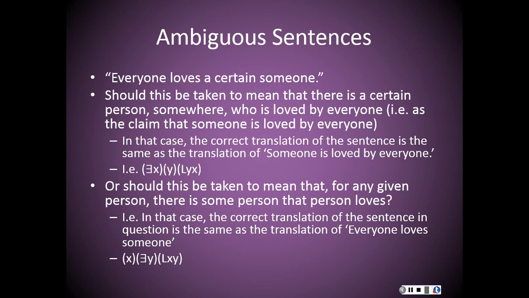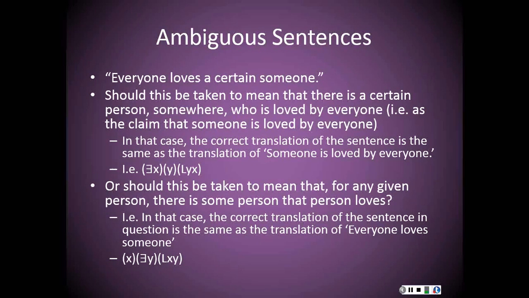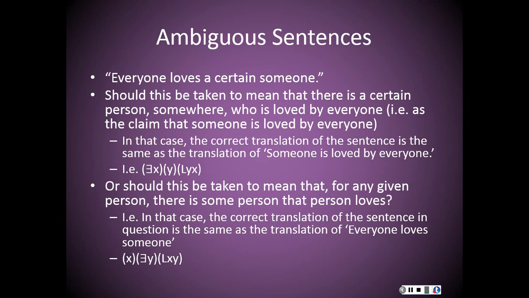That is, for any x, there is a y, such that x loves y. Now these are both non-equivalent translations of the original sentence. And I suspect that in most contexts in which someone were to utter this sentence in English, the correct interpretation of what they said would be the second one, not the first one. But a case can be made for both of these interpretations.